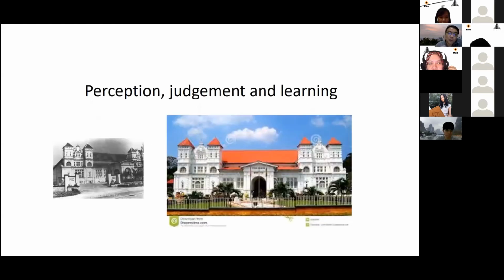So we look at it: perception, judgment, and learning. This is a typing museum, by the way. The one on the left was taken years ago, right? And now, today, it looks this way. So by then it's black and white and the other day. So the perception is that the roof is going to be red or clay color.